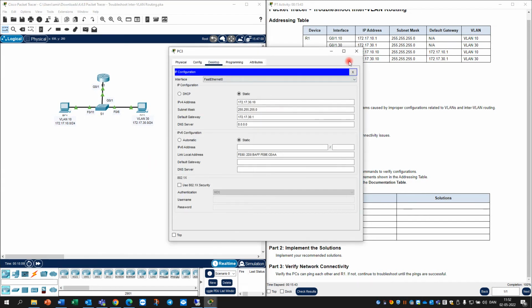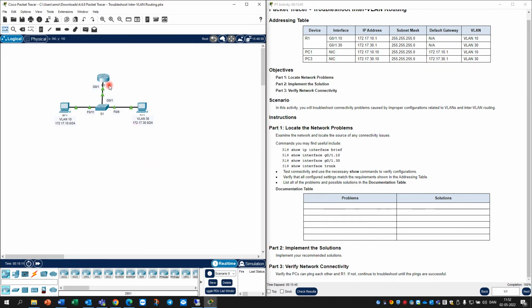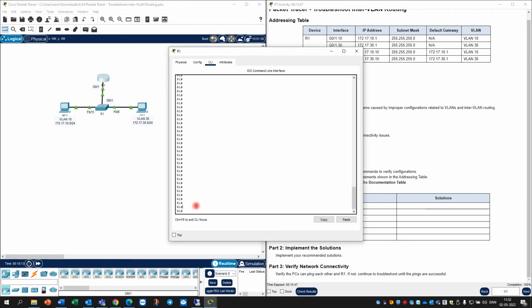Yes, we should come back to your router and write show ip interface brief. You can see all of them are up, and also show run.